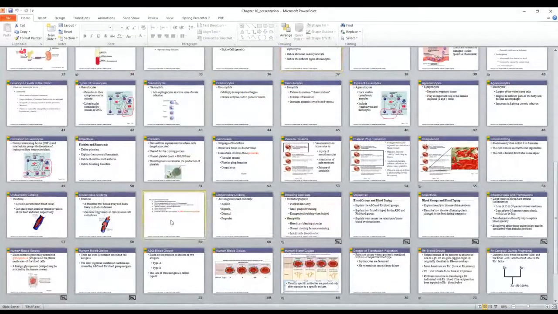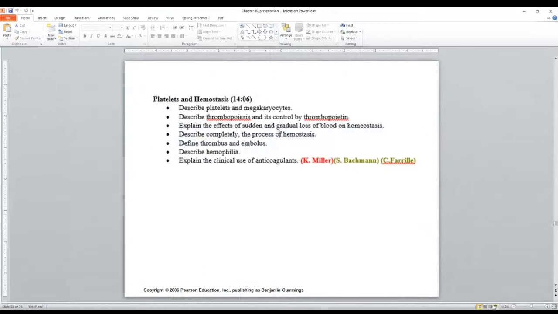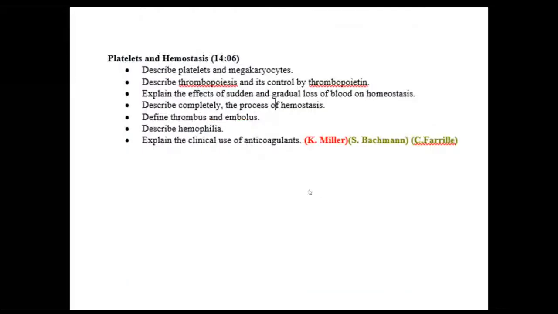And really the only question that was asked had to do with clinical uses of anticoagulants. And what anticoagulants are, they are substances that block the coagulation of blood.